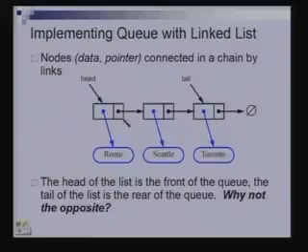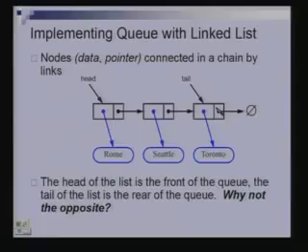Which should be the front of my queue? The head of the list has to be the front of the queue. The tail of this list cannot be the front of the queue. Can someone tell me why the tail of the list cannot be the front of the queue? Why can't I have my queue in which the first element is this, the second element is this, and the third element is this?